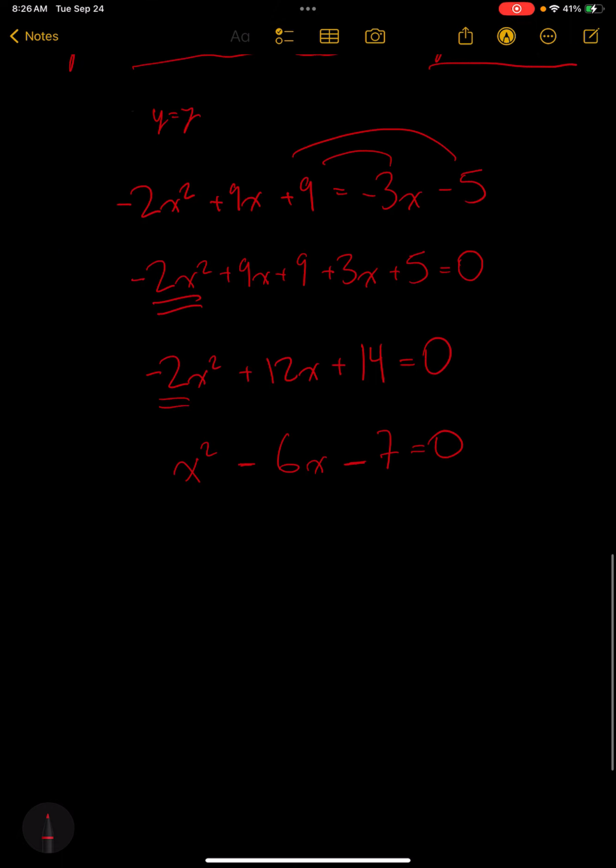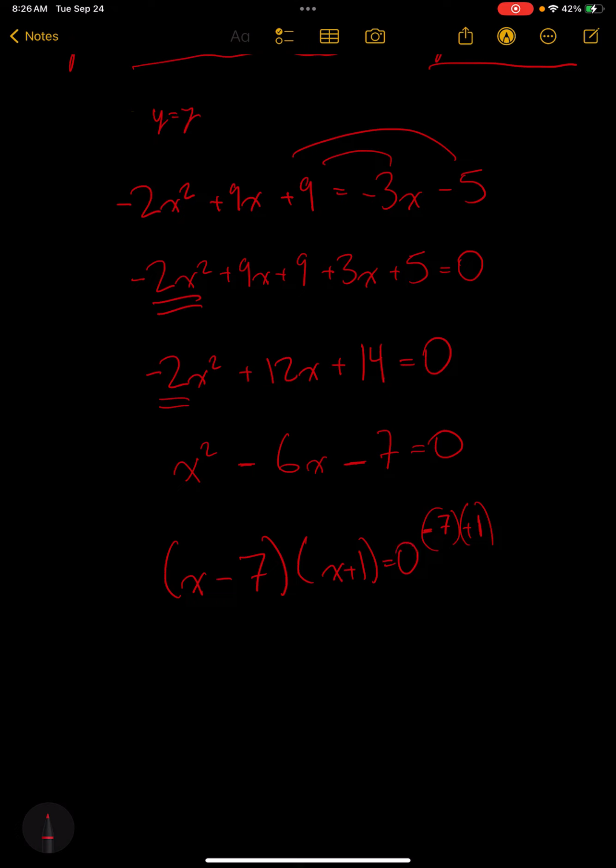Now the question you can ask yourself is, give me two numbers that multiply to minus 7. Well, 7 and 1 multiply to 7. Can I get a minus 6 from that? Well, minus 7 plus 1 equals minus 6. So in fact, that's equal to x minus 7 times x plus 1 equals 0.